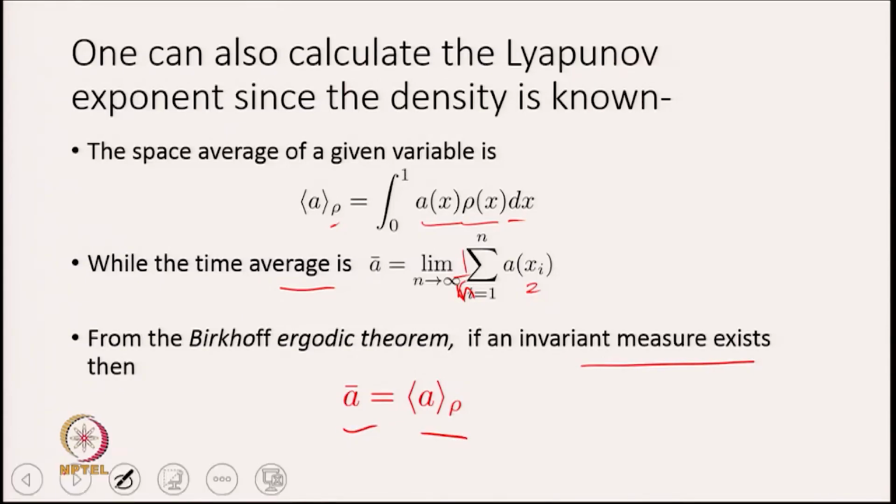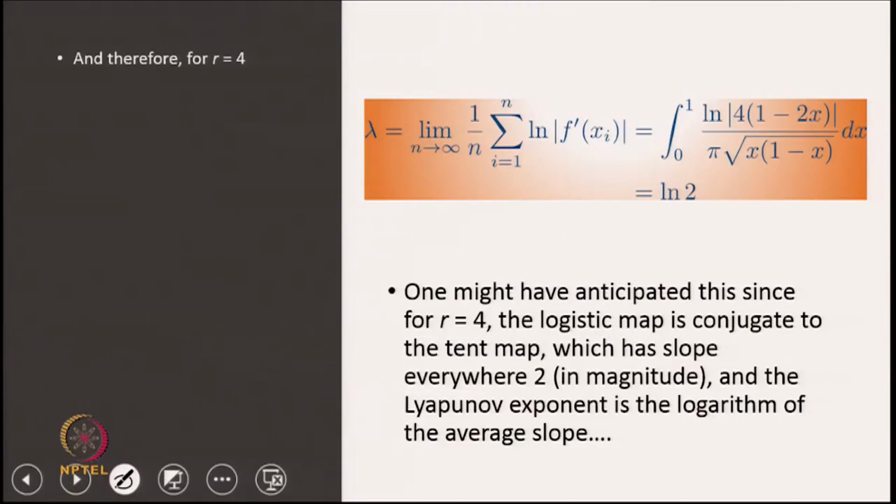We notice that the Lyapunov exponent was defined as a time average, namely lambda was given as the limit of n going to infinity of 1 over n times the sum of the logarithm of f prime of x i, this particular average over here.